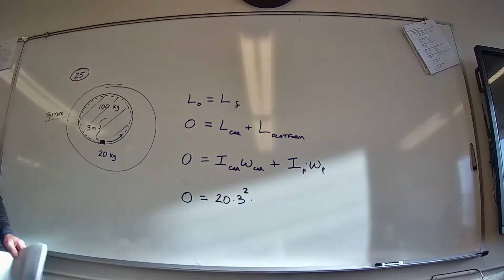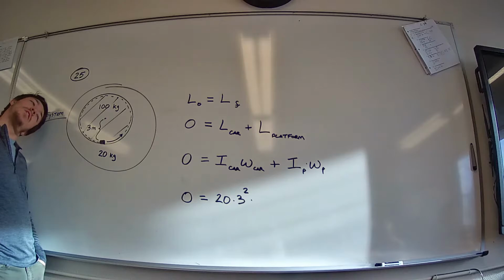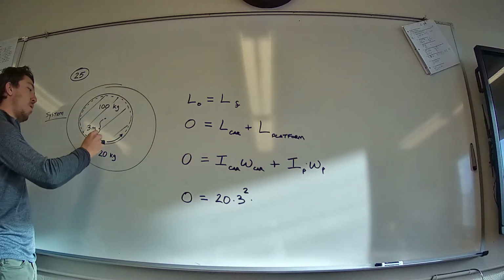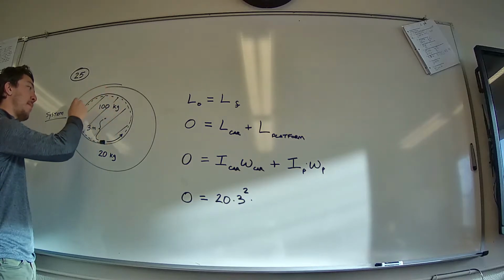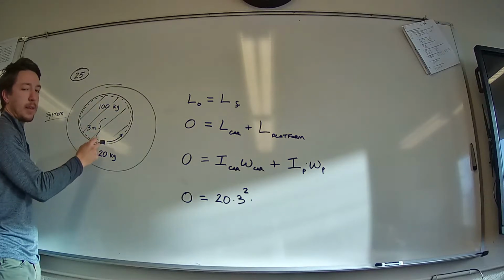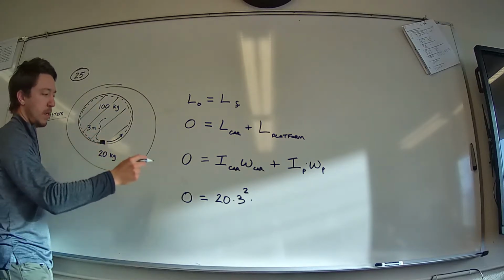And what's his omega? How many radians is he traveling if he makes a full rotation? 2 pi. How long does that take him? A second.